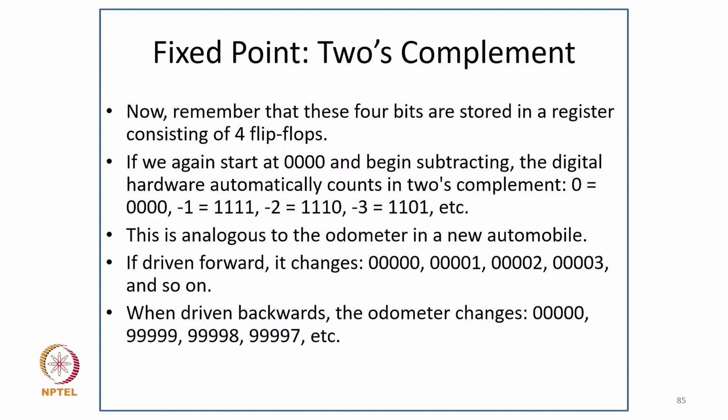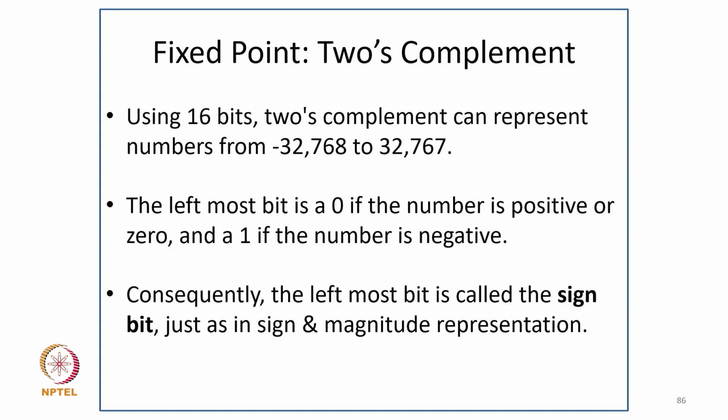And this is analogous to the odometer in a new automobile. If driven forward, it changes from 500 to 501, then 502, 503 and so on. When driven back, the odometer changes to 500, then 499, then 498 and then 497, etc. Using 16-bit two's complement, we can represent numbers from -32,768 to 32,767.